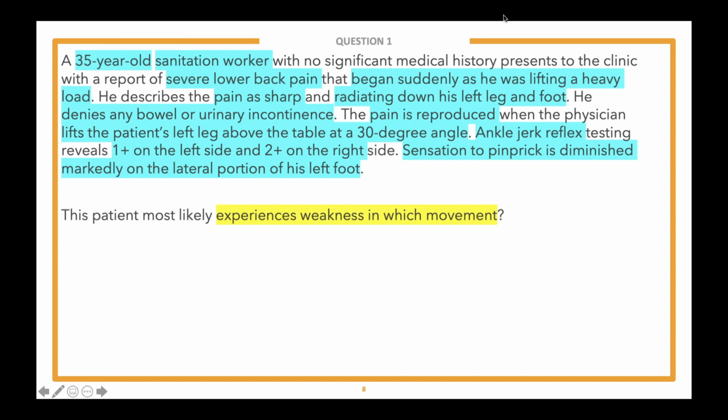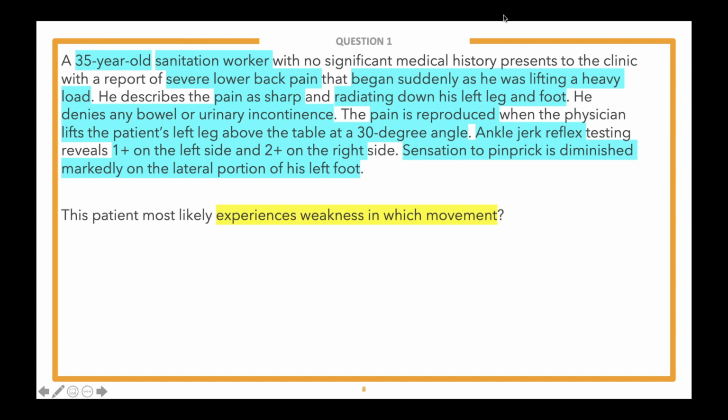They also give us some social history, what he does for work, and that's really one of the first things they give you. So that's usually important when they're telling you that right off the bat that he's a sanitation worker. And then you can see that he developed some back pain after doing some lifting that is probably related to that sanitation work, okay?